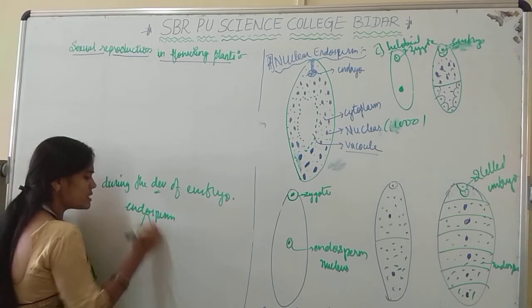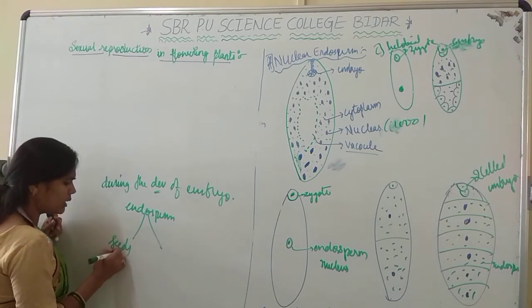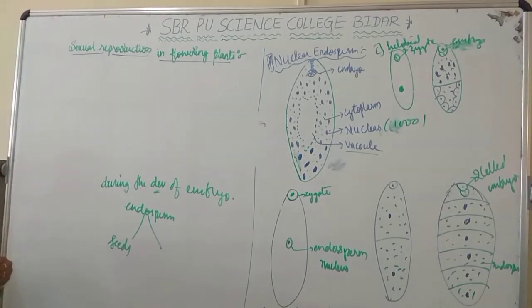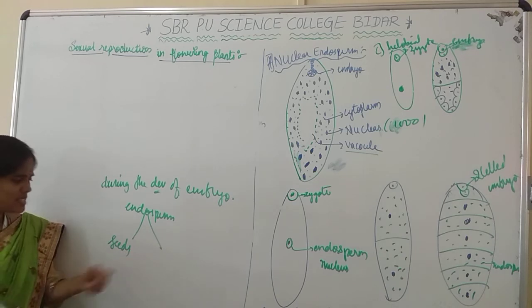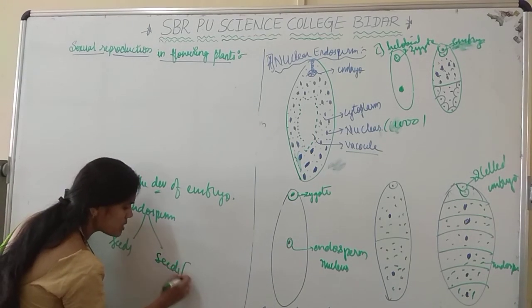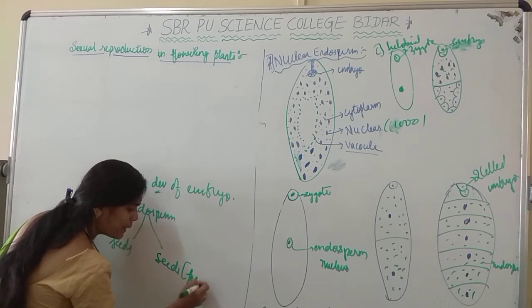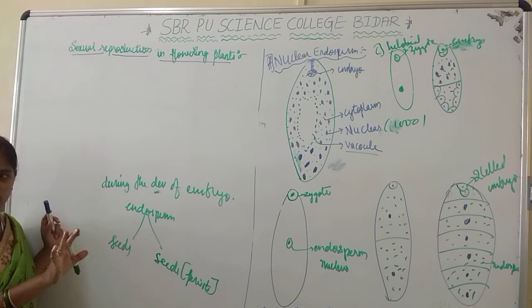In some seeds, the total endosperm is consumed during the development of the embryo. So there is no endosperm remaining in the seed. Whereas in some of the seeds, the endosperm persists, that is, remains. Understood?